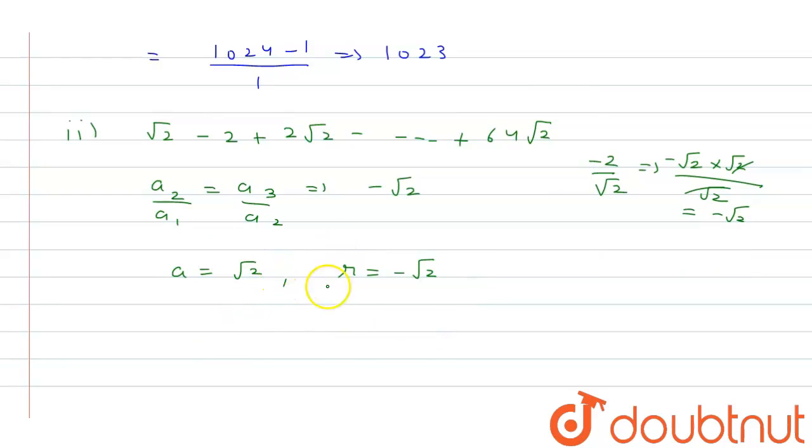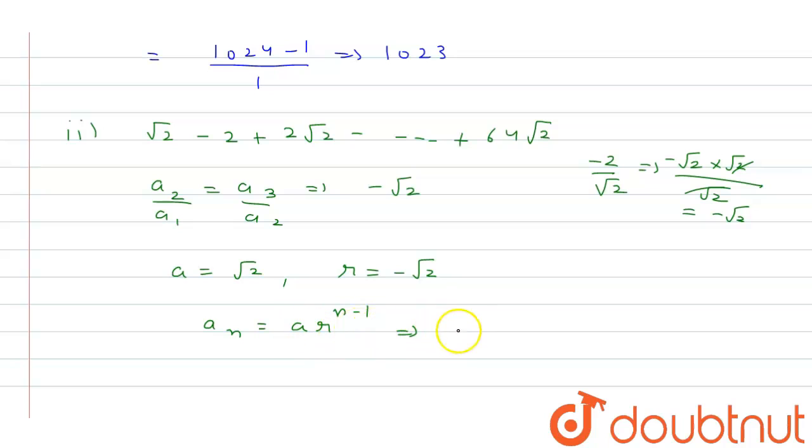Now for finding the sum, we need R raised to the power n. We have R but we don't know what n is. This is the last term, and we know that the last term an is equal to A into R raised to the power n minus 1.